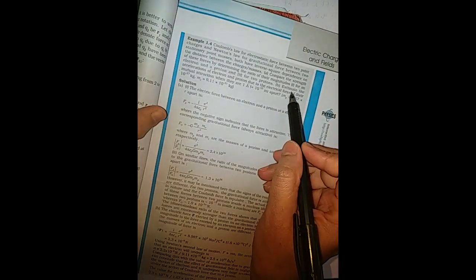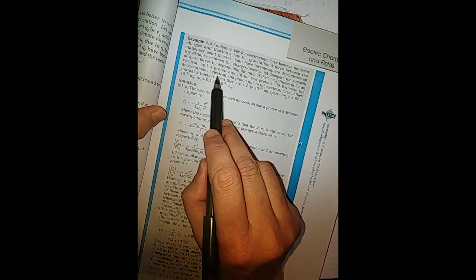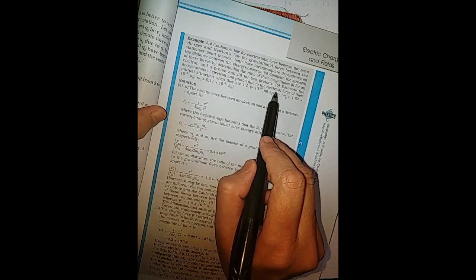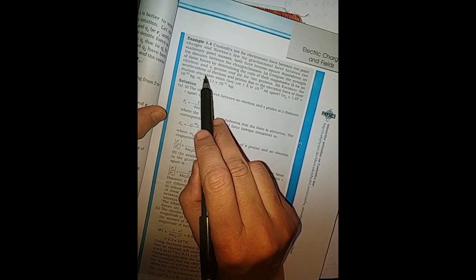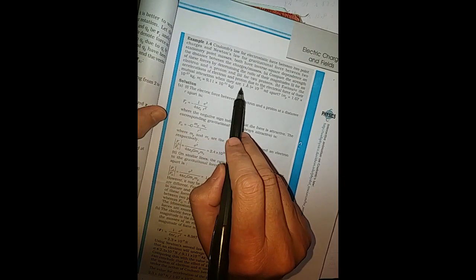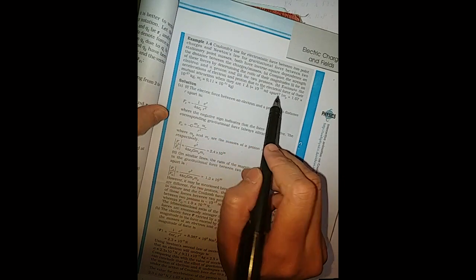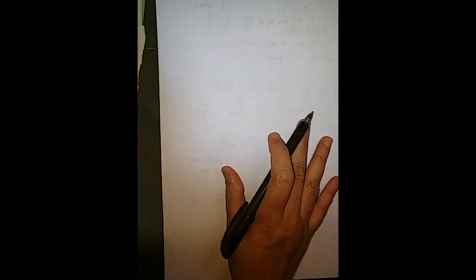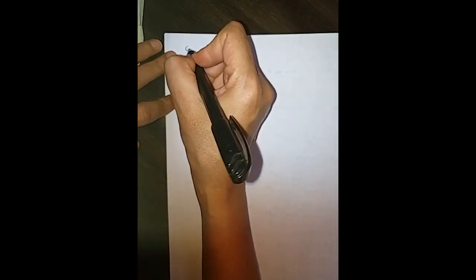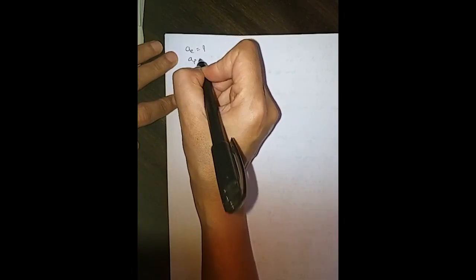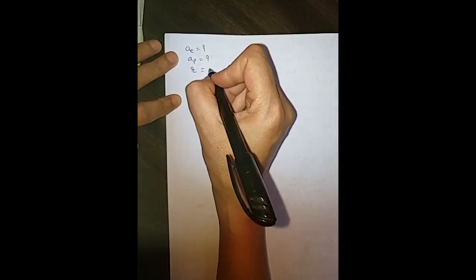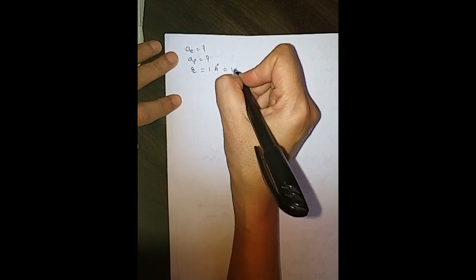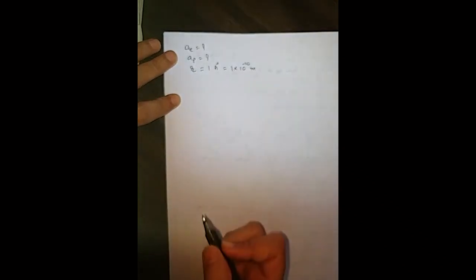In the second part, part B, they have asked you to estimate the acceleration of electron and proton due to electrical force. Here we have to consider only the electrical force of their mutual attraction when they are 1 angstrom apart. So here I have to calculate the acceleration of electron and acceleration of proton when the separation between them is 1 angstrom, that is 1 × 10^-10 meter.